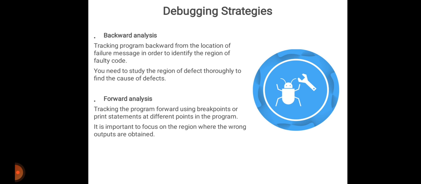And forward analysis is exactly the opposite: it involves tracking the program by using forward breakpoints or print statements at different points in the program. Also it is important to focus on the region where the wrong outputs are obtained.